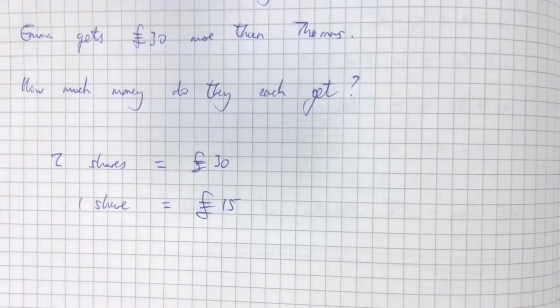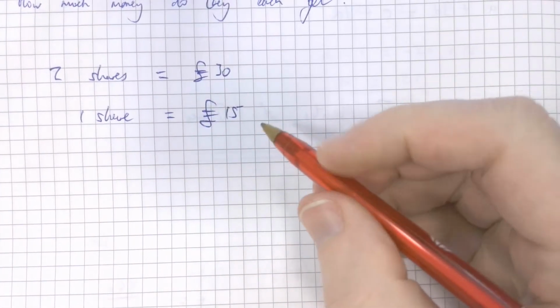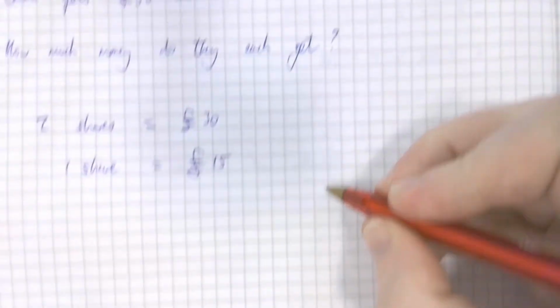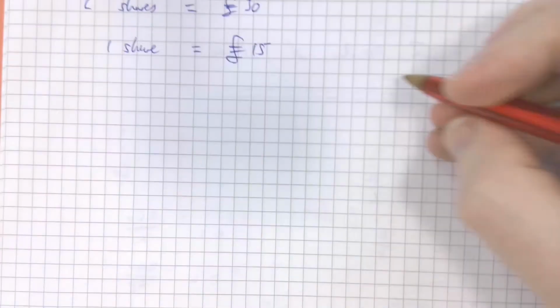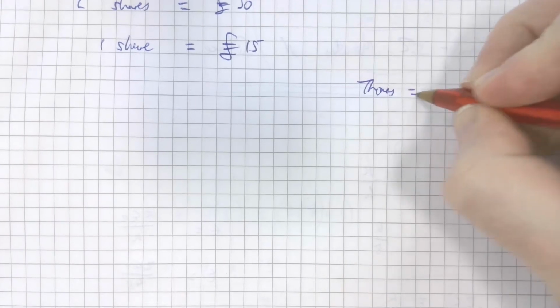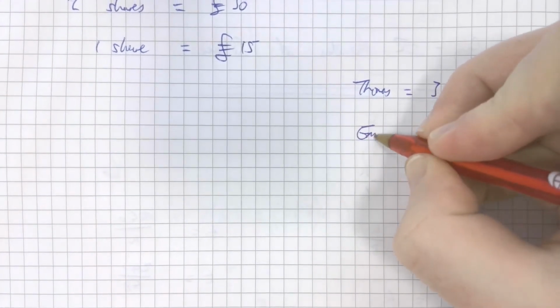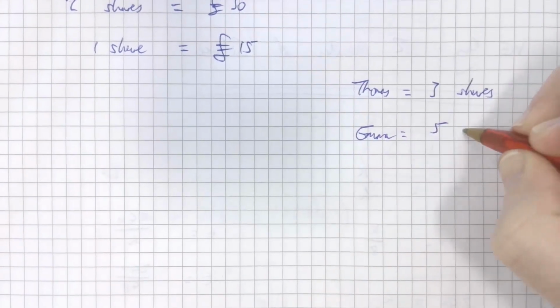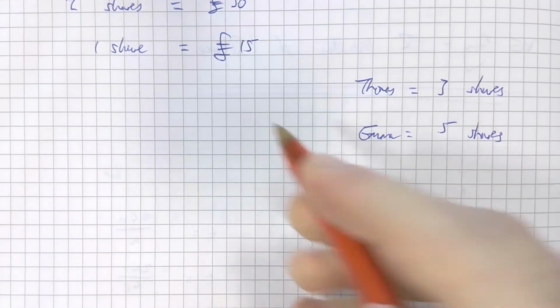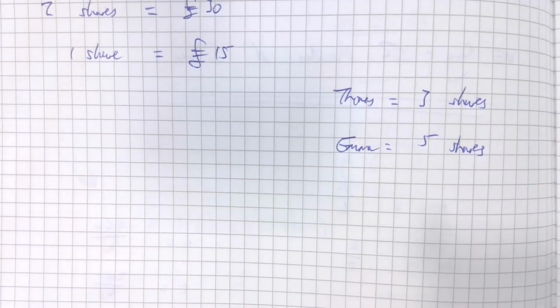All right, just bear with me with the camera. So if 1 share is £15, and I know that this ratio relates to Thomas and Emma, I know that Thomas gets 3 shares and Emma gets 5 shares. And we know how much 1 share is worth, so we just have to scale up those shares by what that 1 share is worth.